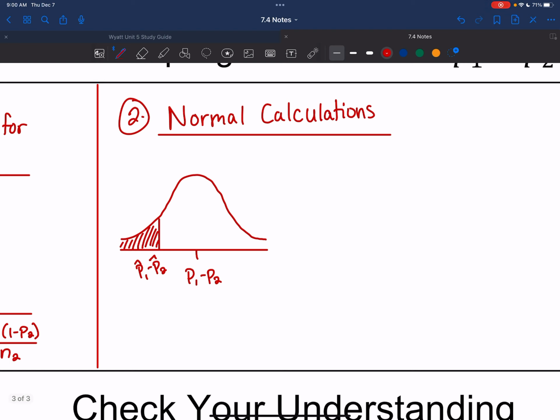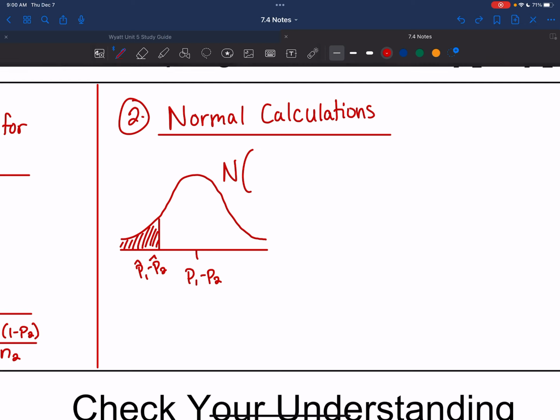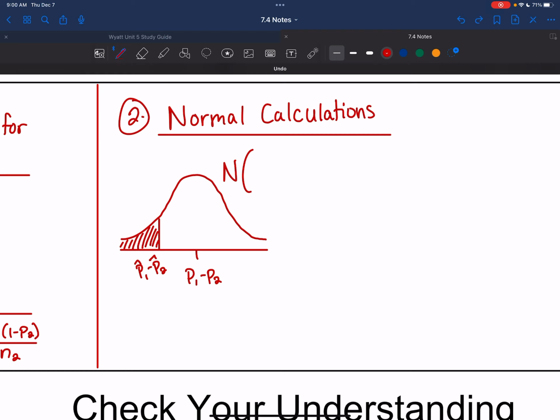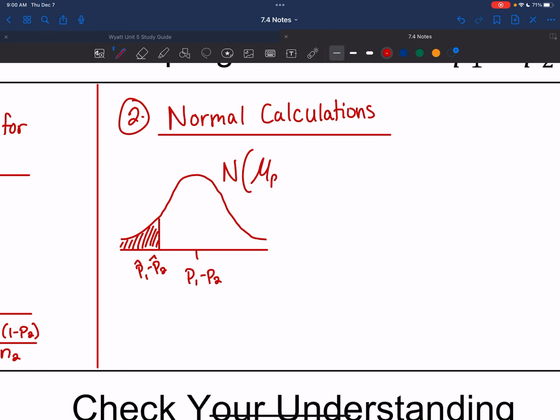Then if you're calculating your z-score, one more thing. So you've got your mean of the difference and your standard deviation of the difference.